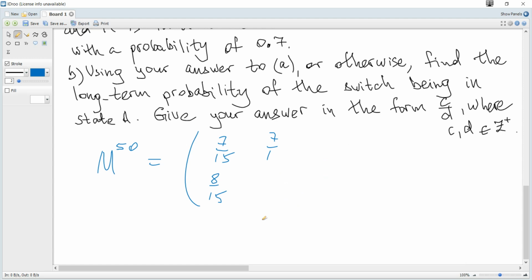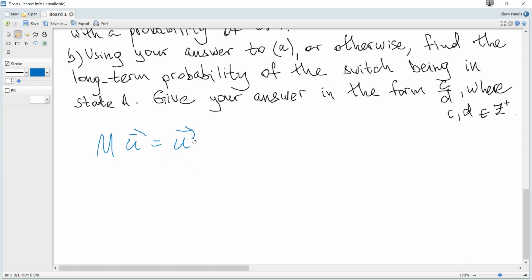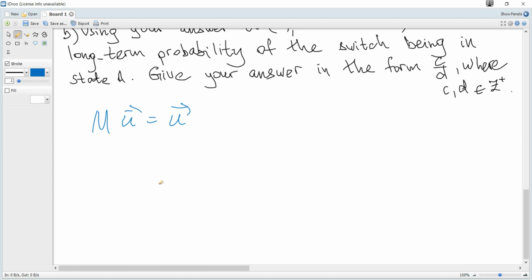The third way is to consider the problem Mu is u, where u is the steady state vector, and to consider simultaneous equations. It looks like this.